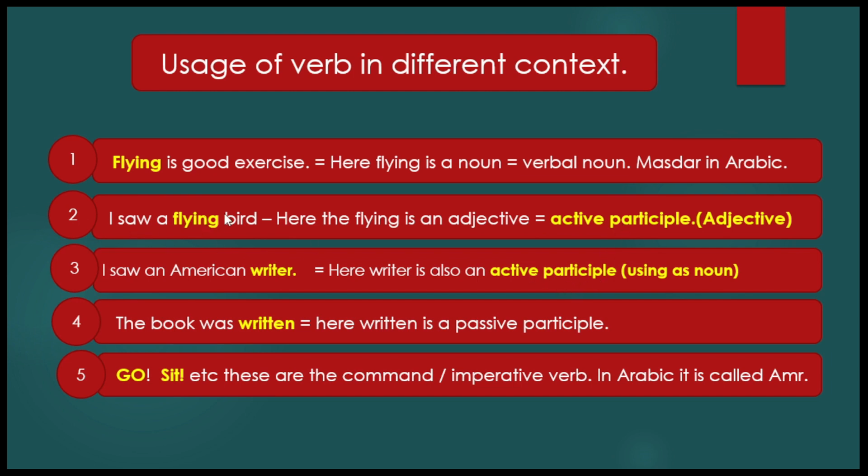Number 2, the flying, is an active participle, and number 3, the writer, is also an active participle. So we are observing that the active participle can be used as an adjective or it can be used as a noun. So we have to remember this one. The relation between 2 and 3 and the relation between 1 and 2. So in Arabic, we also can use a verb in these different ways.